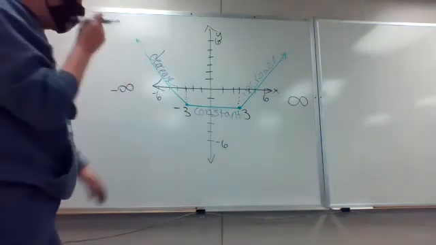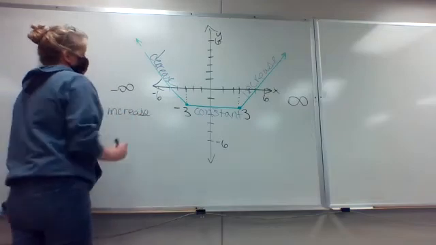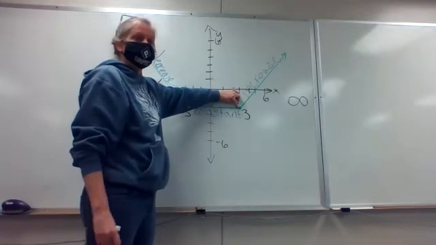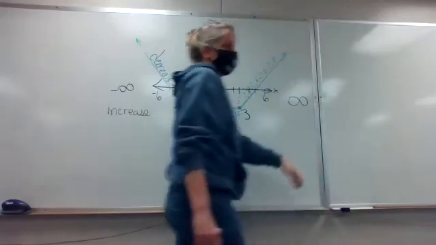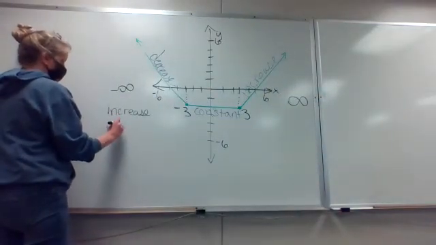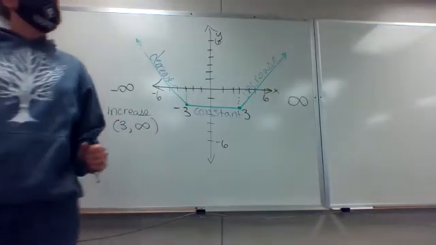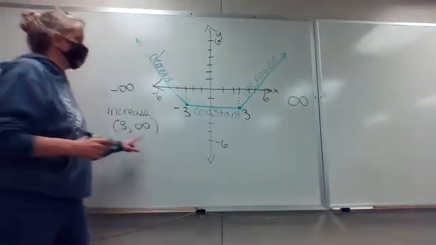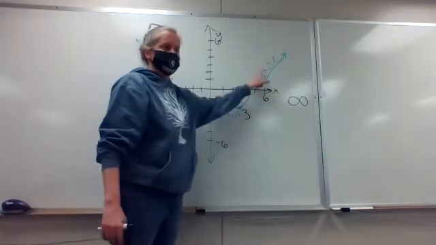Because now the questions are, the function is increasing on what interval? Let's see, decrease, constant. Here's where it starts to increase, which is 3 to where? Infinity. So that's your increase interval, 3 to infinity. Change of directions, always use parentheses, right? Because it's not increasing at 3. It starts right after the 3.